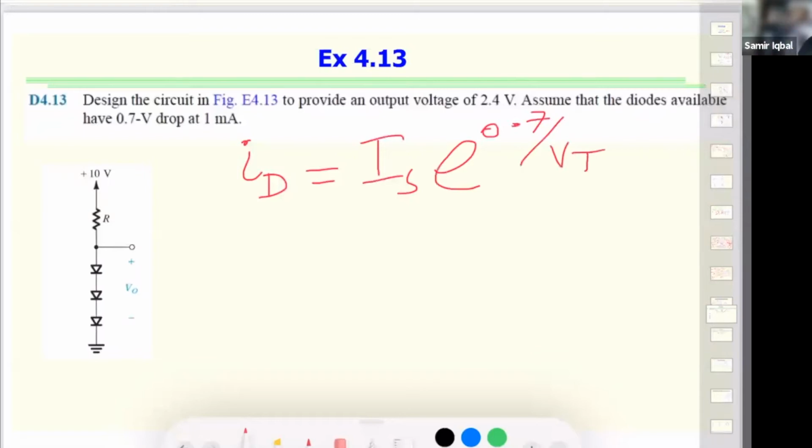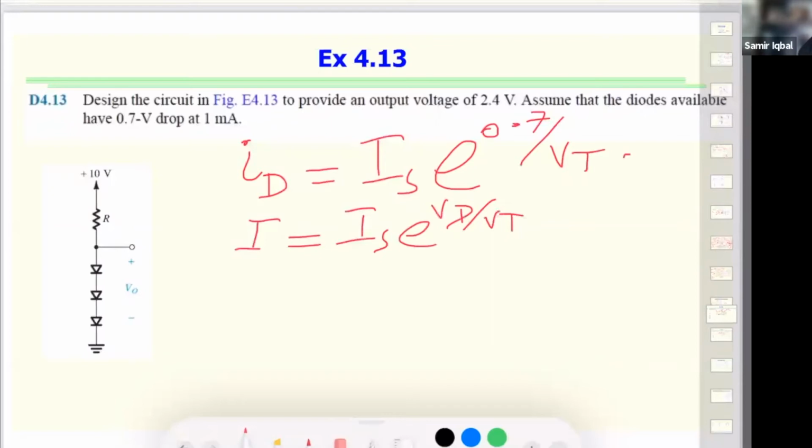Remember the original relationship for the forward bias current of a diode: at any unknown current, this would be I_S e to the power V_D over V_T. That's the original relationship that we are using.